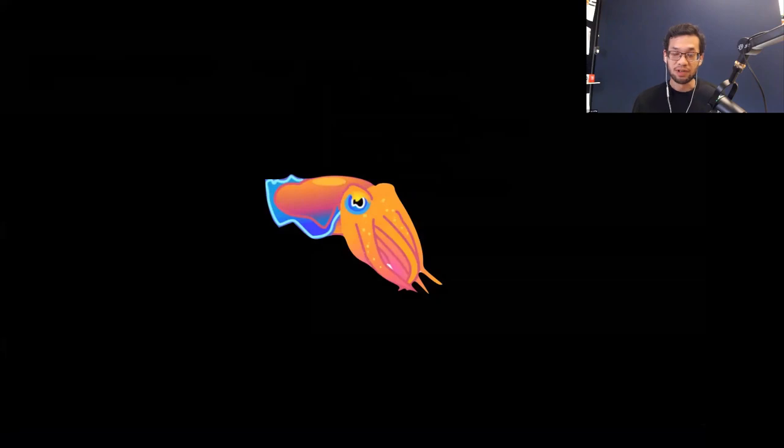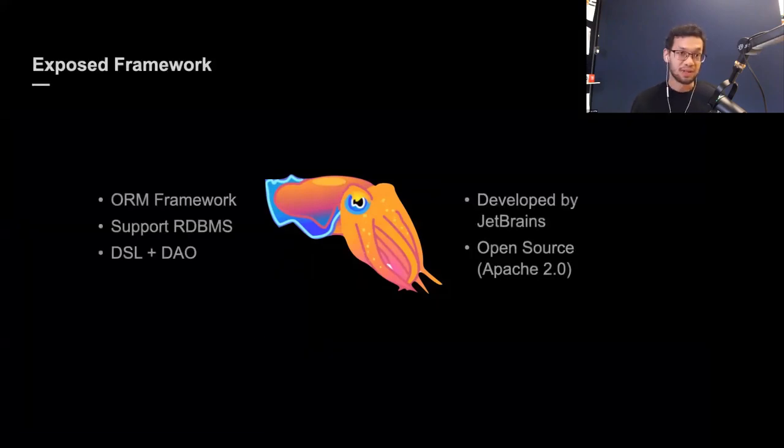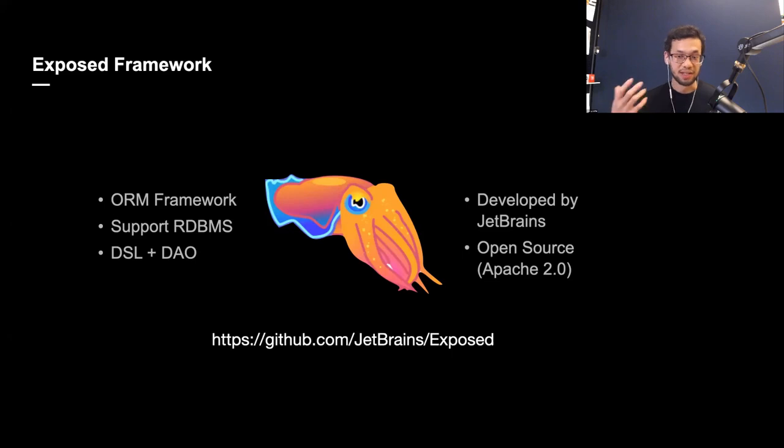In JetBrains, we also have a library called Exposed. It's an ORM framework that supports both the DSL style and the DAO style to write SQL queries. It's also open source under Apache 2.0.